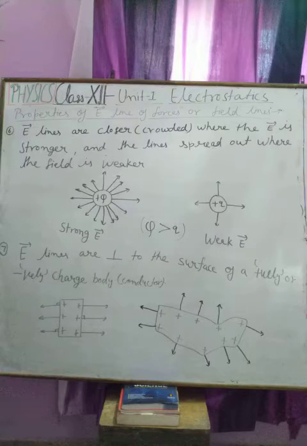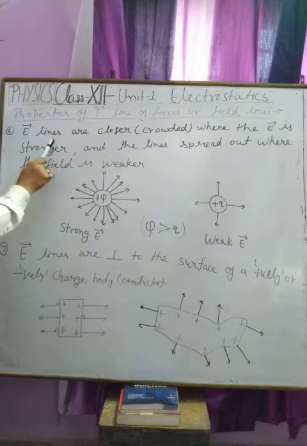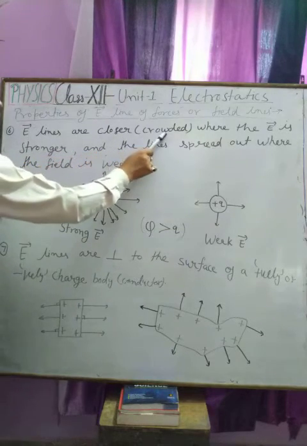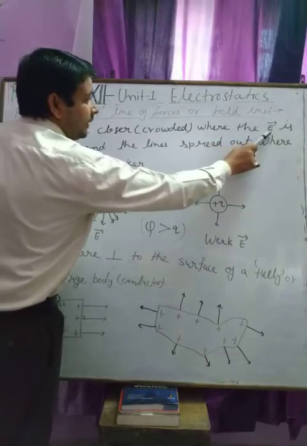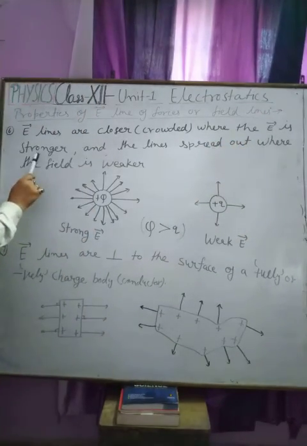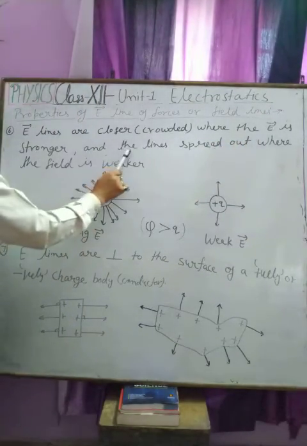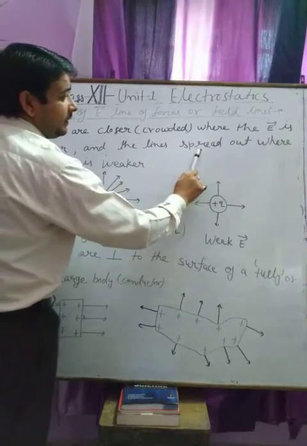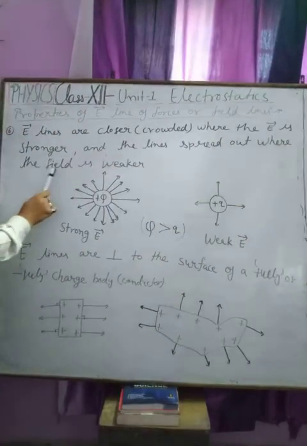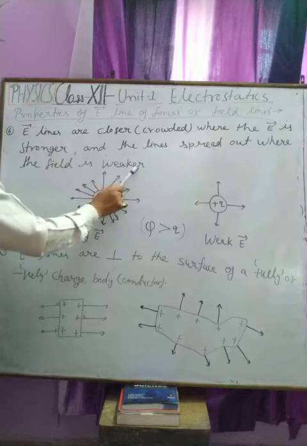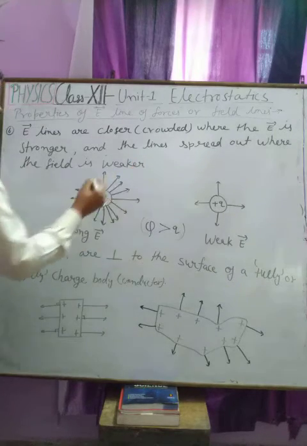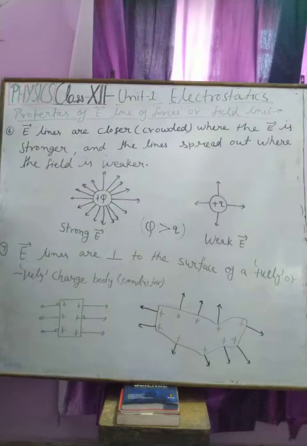Now student, the next property of electric field lines is that they are closer and crowded where the electric field is stronger, and the lines spread out where the electric field is weaker. It is shown by the figure.